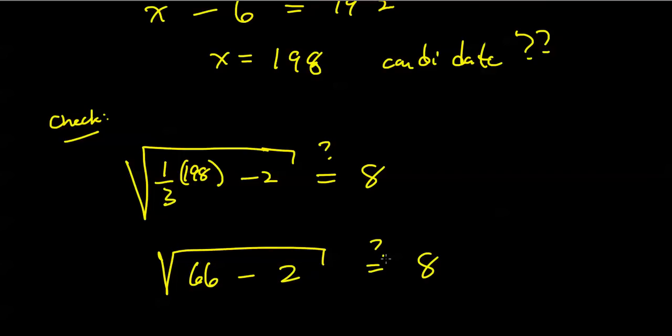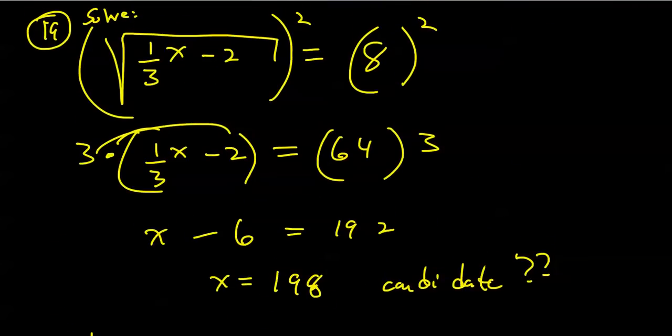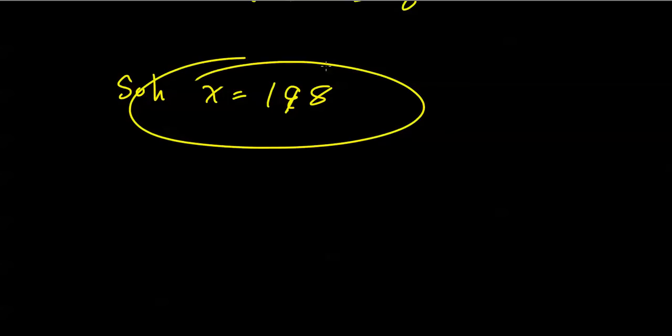Is that a true statement? I think we can see that it is. 66 minus 2 is 64, and the square root of 64 is 8. So my candidate checks out. My answer here is solution, x equals 198. Okay?